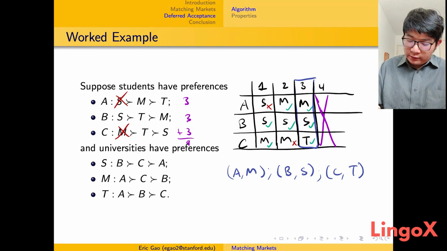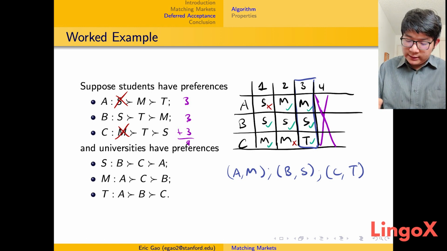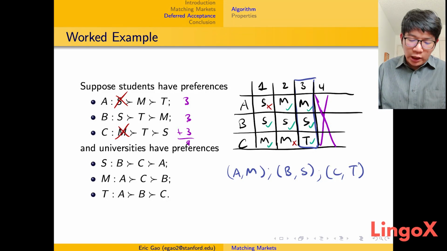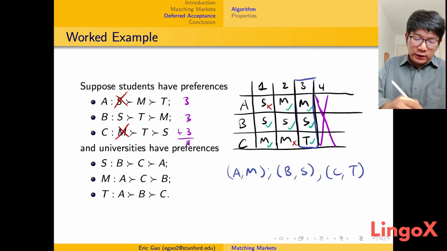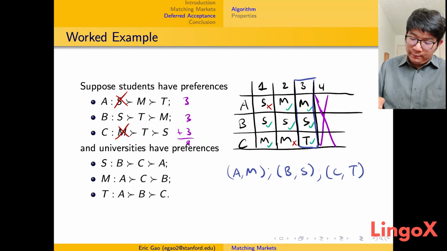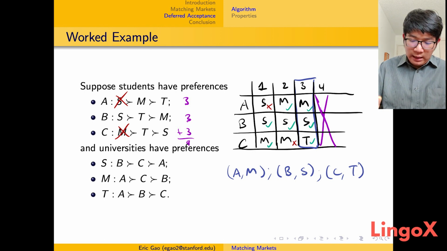So now we move on to round 3. In round 3, Alex and Bob were still tentatively accepted, so that just follows through. But now Carl needs to apply. Carl got rejected from MIT, so Carl's next best university is Tsinghua. That's why Carl would apply to Tsinghua in round 3.